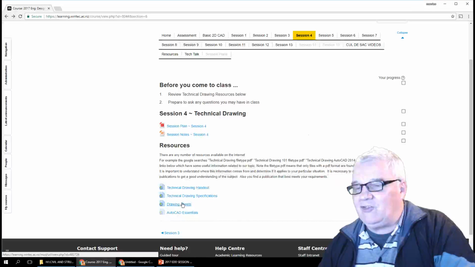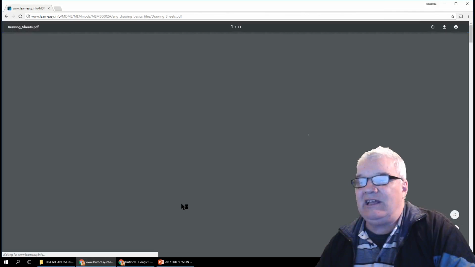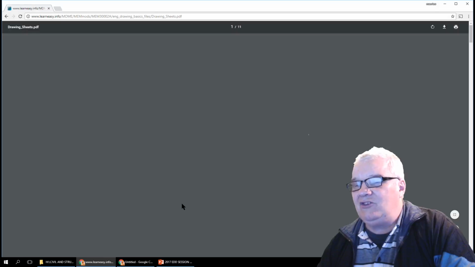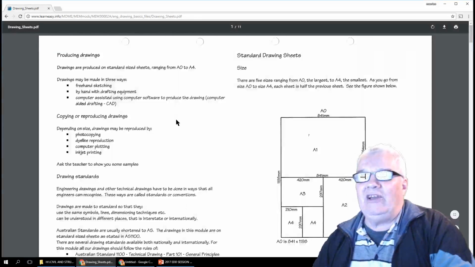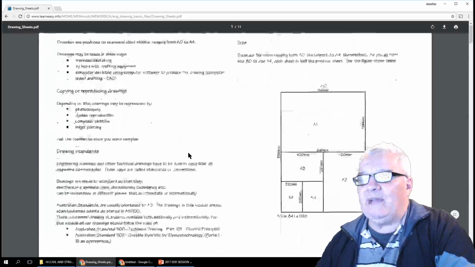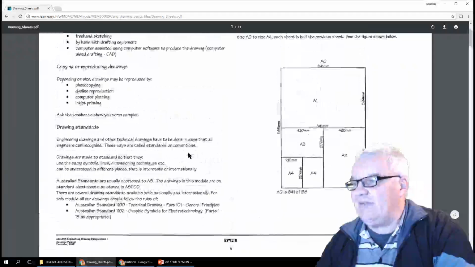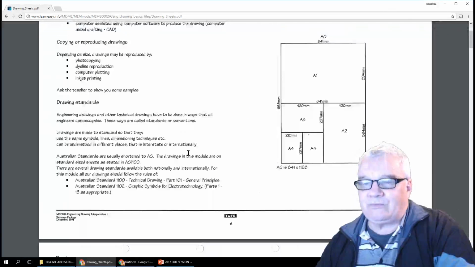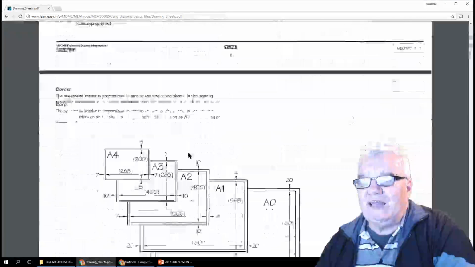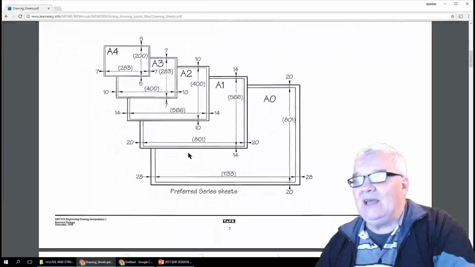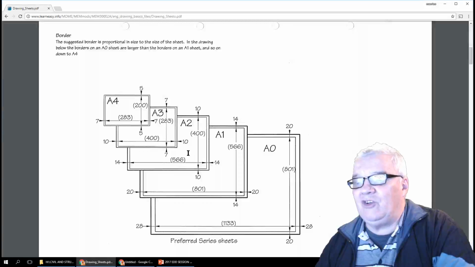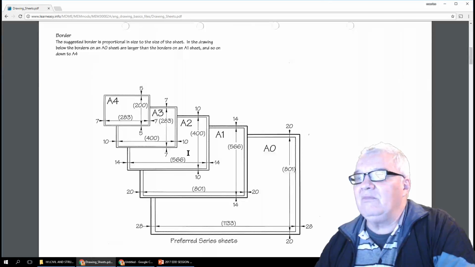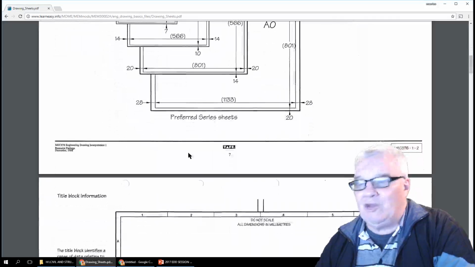I'm going to just select one of them here, and it just gives you some ideas. Now this one talks about sheet sizes, how A4, A3, A2 all fit together, and gives you some suggestions there as to borders and what have you.